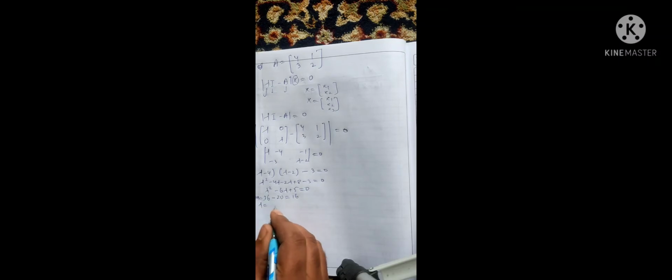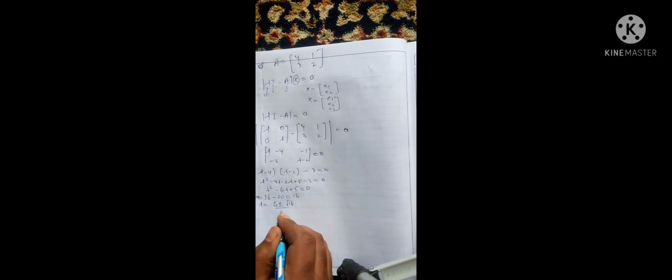So lambda is equal to minus b, that is plus 6, plus minus under root of 16, by 2a, and a is 1, so that is 2. So lambda is equal to 6 plus minus 4 upon 2, so 10 upon 2, and 2 upon 2. So eigenvalues are 1 and 5. These are our eigenvalues for the 2 cross 2 matrix that we have considered.